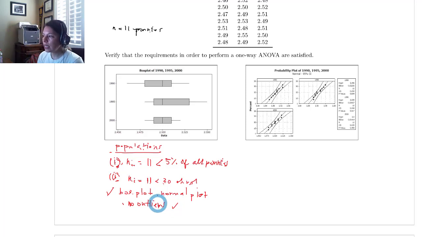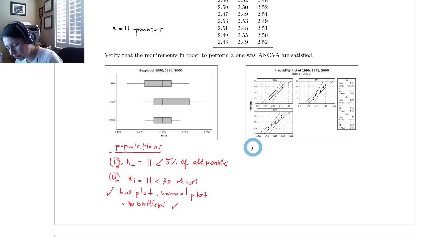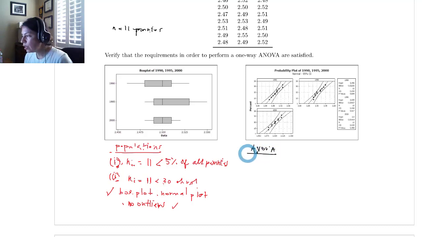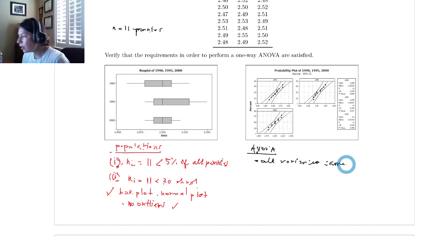These are just the preliminary criteria, no matter what chapter we're in. But now we're in ANOVA, so let's do the ANOVA requirements. The ANOVA requirements mean that all the variances have to be the same. That's the biggest one. Well, they're not the same.